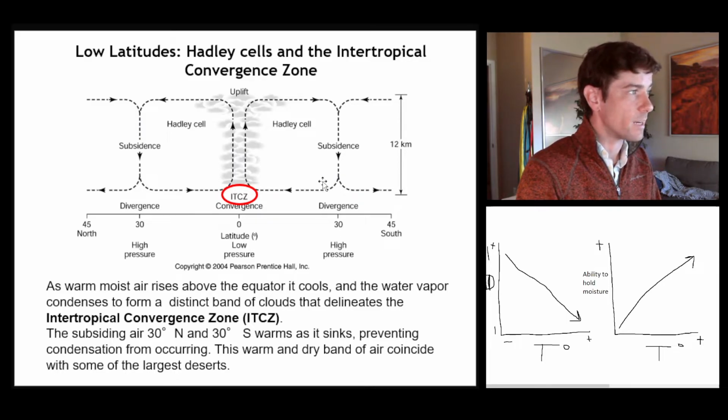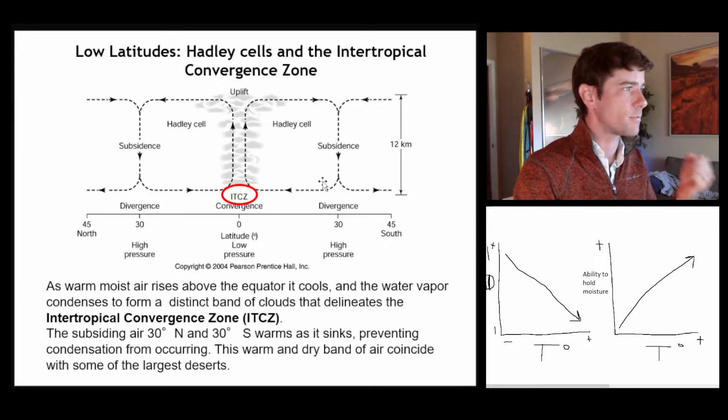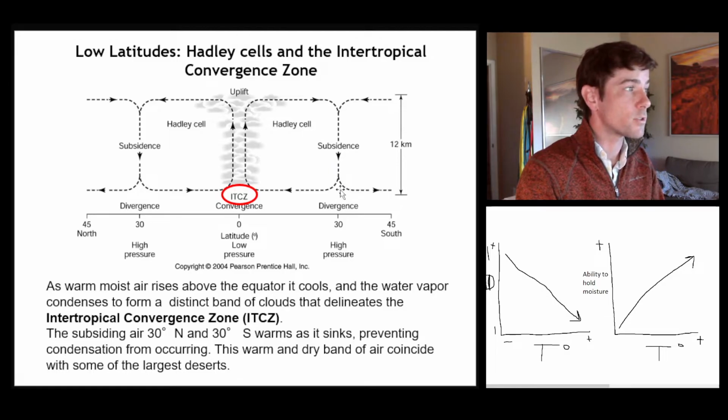It doesn't want to rain. It wants to absorb water. It wants to evaporate things, right? It wants water to evaporate and to pick up that water because it's warm now and it has the ability to hold a lot of moisture, all right? And so at 30 degrees north and south, you don't find much rain, all right? As that air gets to the surface, it begins to move laterally in both directions.